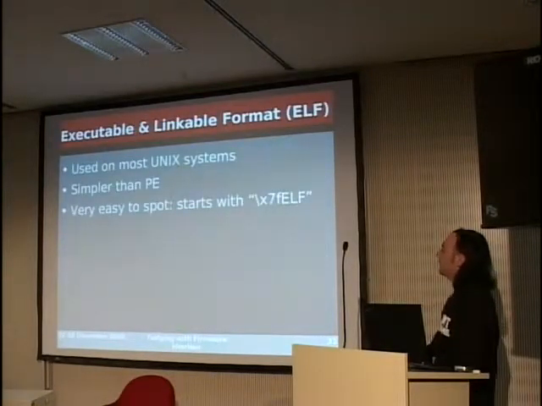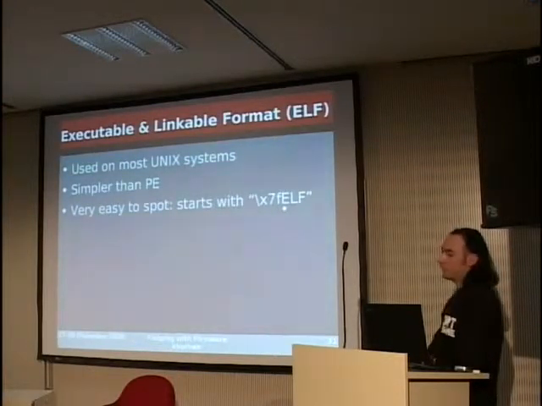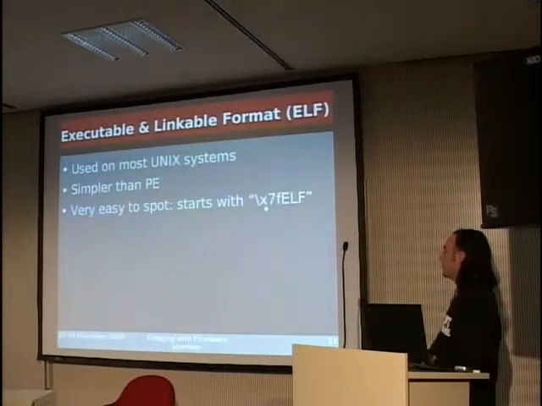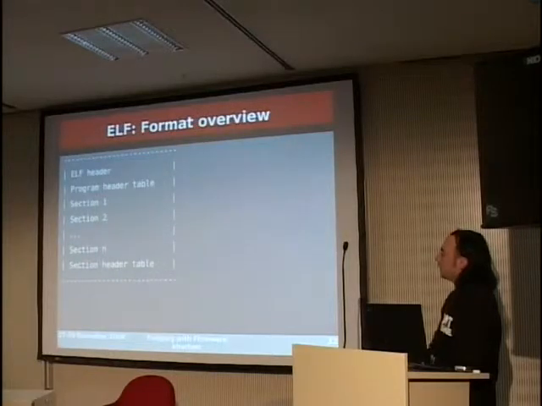Now let's have a look at ELF, which looks almost the same, except it's just simpler. It's just a series of sections. And it's even easier to spot because it says directly in the first 4 bytes, 127 decimal and ELF. Just a list of sections, a program header table, section header table, strings packed together, fairly easy to recognize.